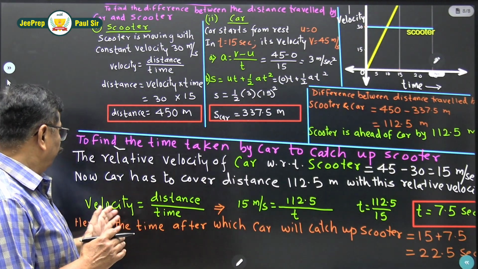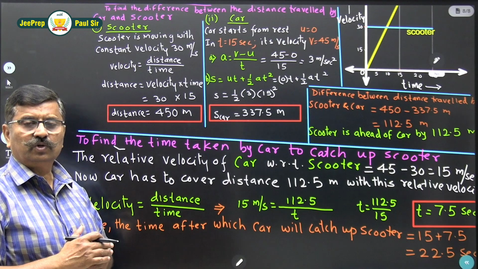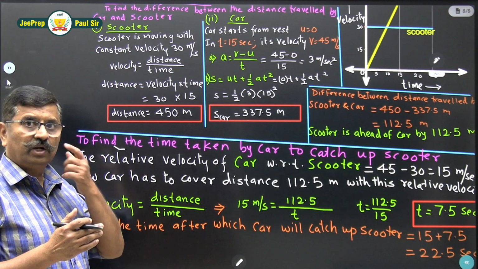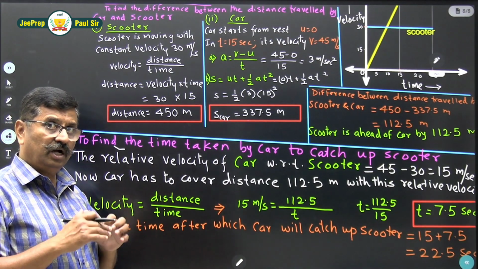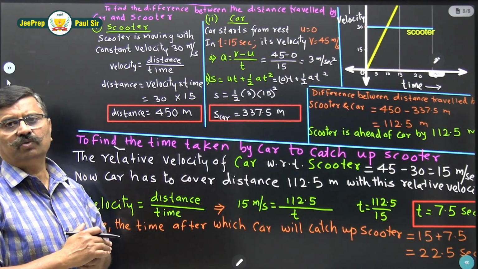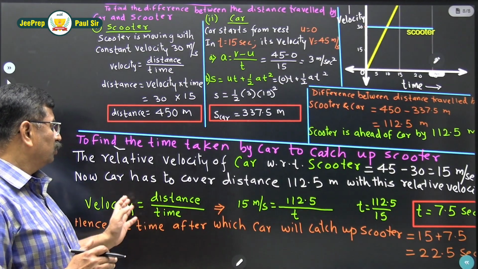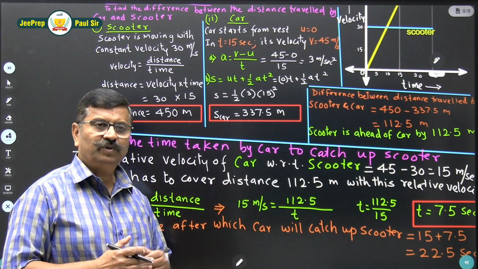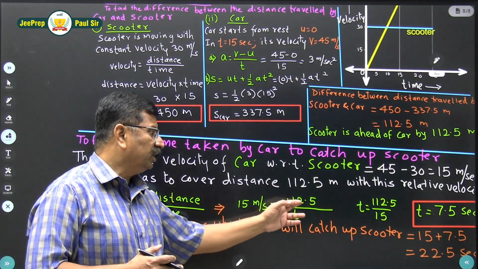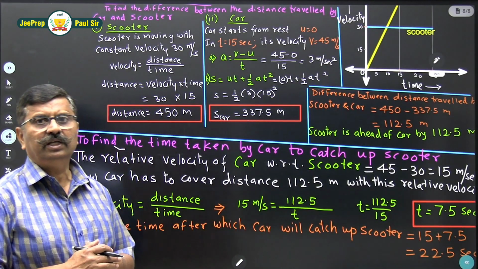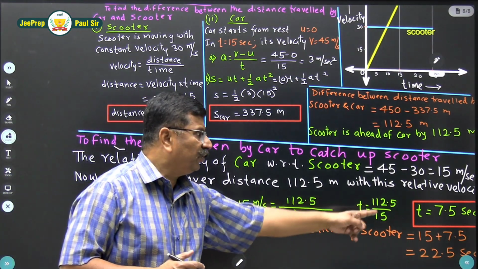So therefore we'll use this formula of velocity equal to distance upon time in order to calculate the time taken by the car to cover this 112.5 meter distance. So the relative velocity is 15 meter per second. That is equal to 112.5 divided by t, and t comes to be 7.5 seconds.